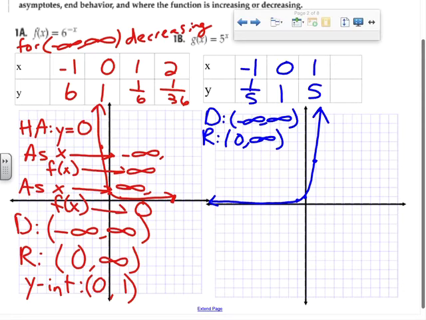It'll never actually hit zero, which is why I have a parentheses there and not a bracket. So you could think of 0 as kind of a soft boundary. And then if I continue dragging that horizontal line up my graph, it is crossing my function until infinity.